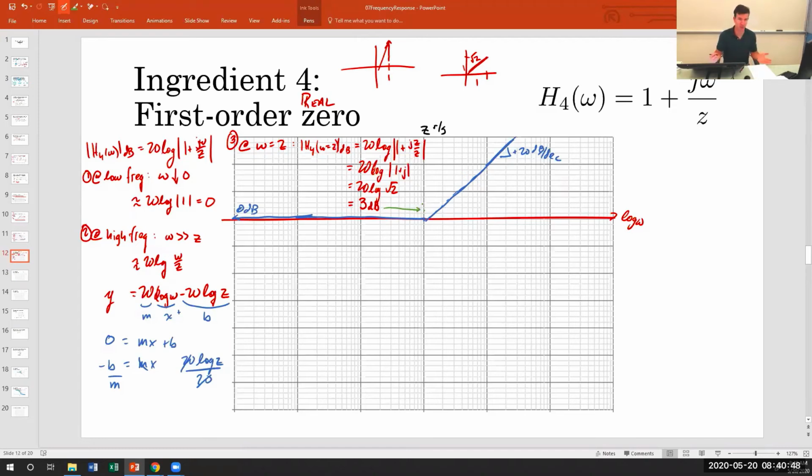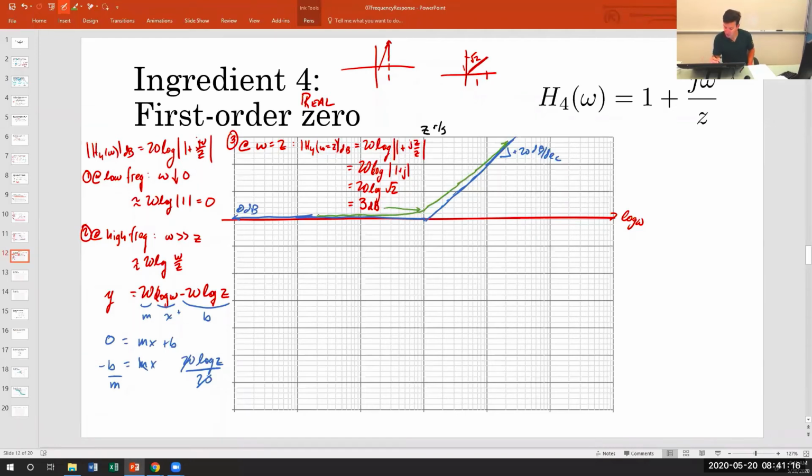And that's not true. Sometimes the straight line approximation is all you need, and it's much faster and much easier. But if you want a more accurate picture, you need something that follows the high frequency asymptote at high frequencies, but then departs around the 0 location, and then eventually finds its way back to the low frequency asymptote.